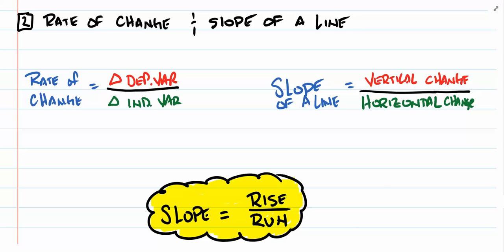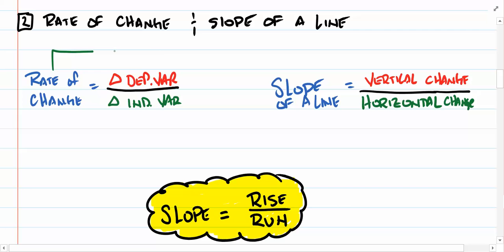Box 2 is a relationship between rate of change and the slope of a line. Hopefully you realize that these two things are exactly the same thing. Okay, rate of change is the change in dependent variable over the change in the independent variable, and the slope of a line is just the vertical change over the horizontal change.